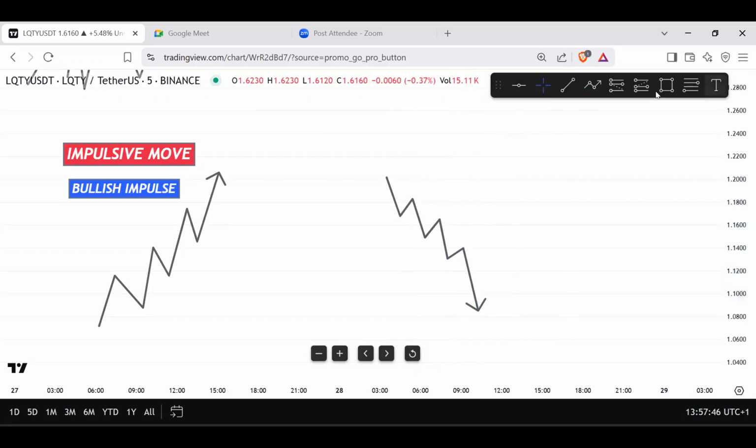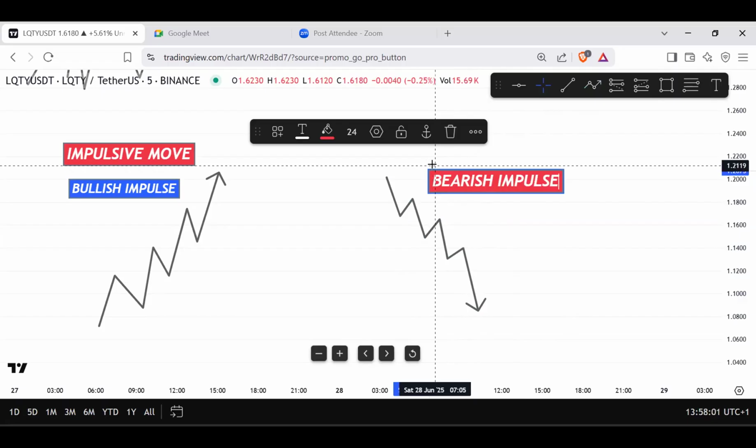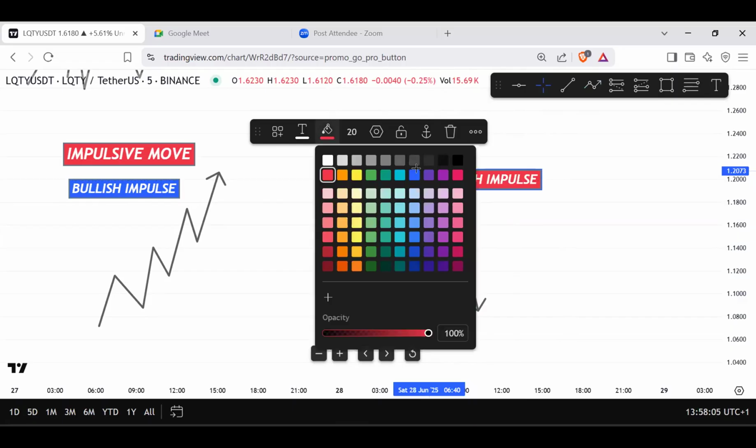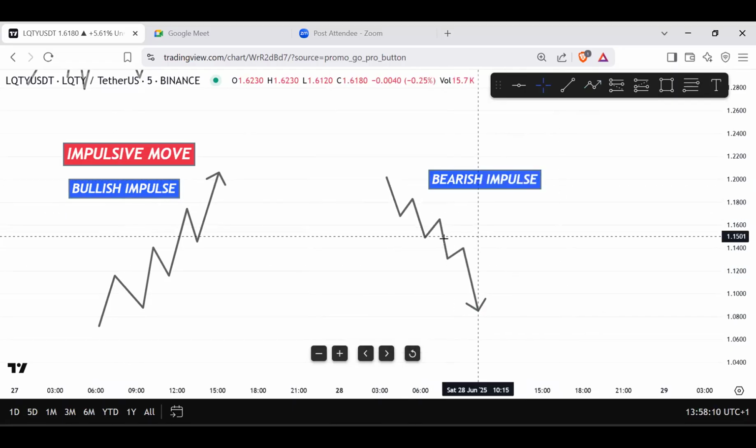If it is to the downside, we call it a bearish impulse. So this is bullish and this is bearish.